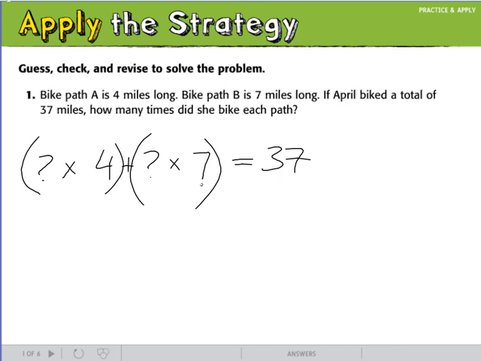So somebody give me 2 numbers that we want to try here. 4 for the first one. Okay. 4 times 4 plus what times 7, give me?